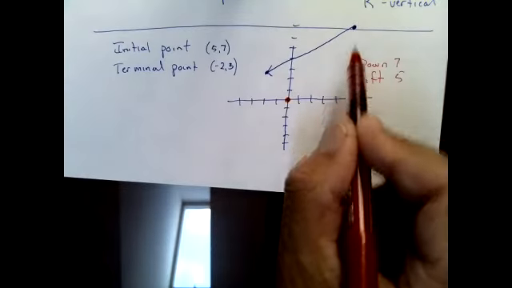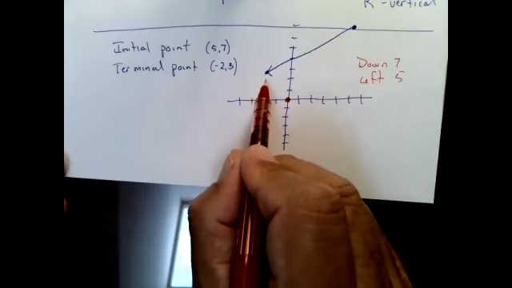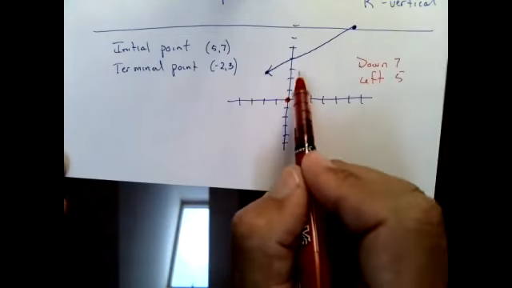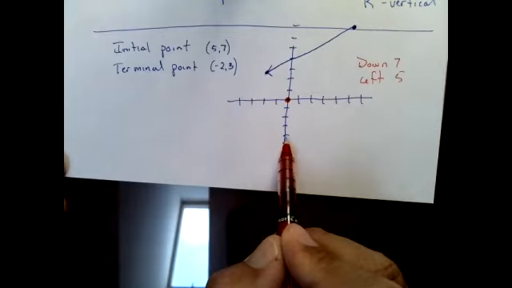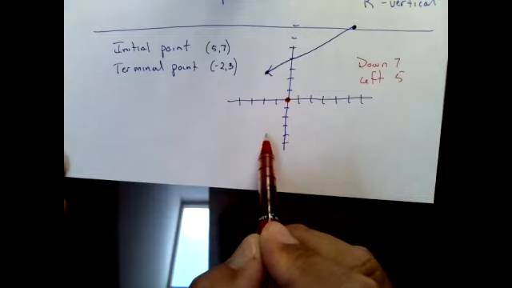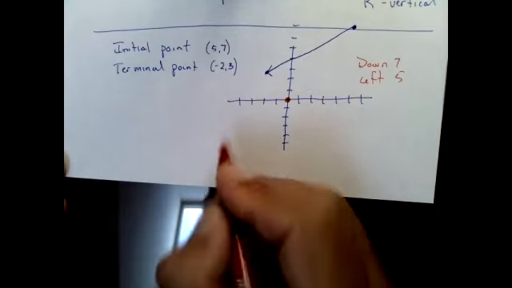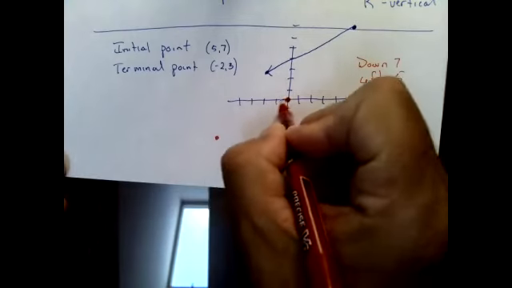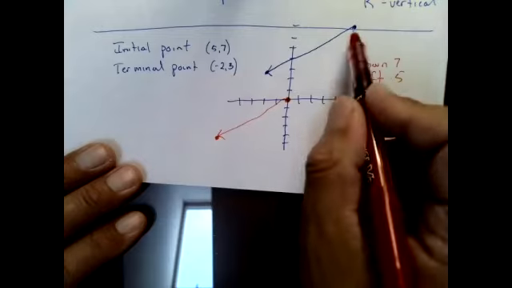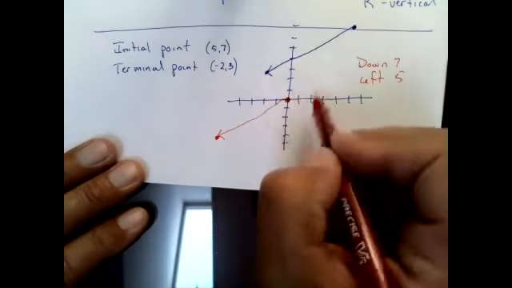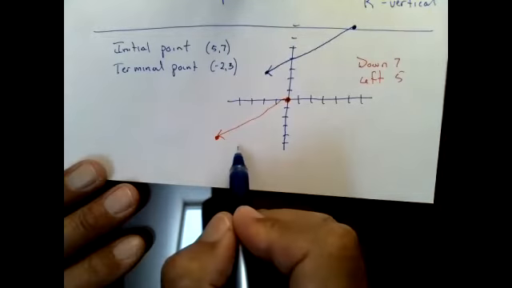If I move that guy down 7 and over 5, I need to move this guy down 7 and over 5. Right now this is at 3, so I go down 7. The x value was at -2, but I need to go 5 more to the left. So what's that new point? My 3 went down 7, so I did some algebra to get there.